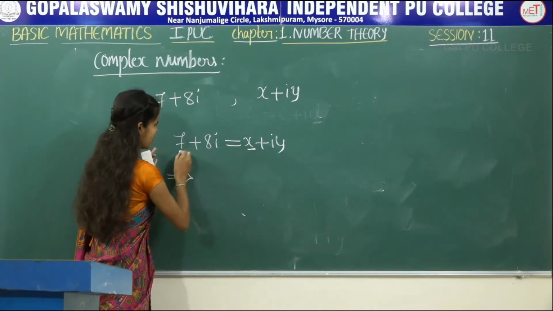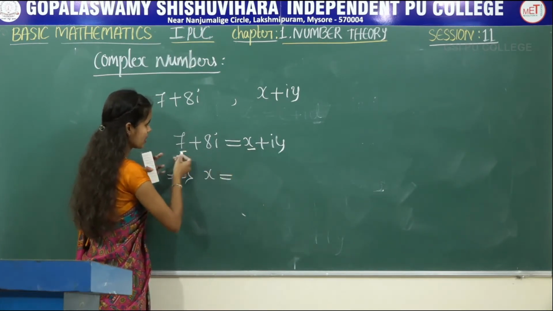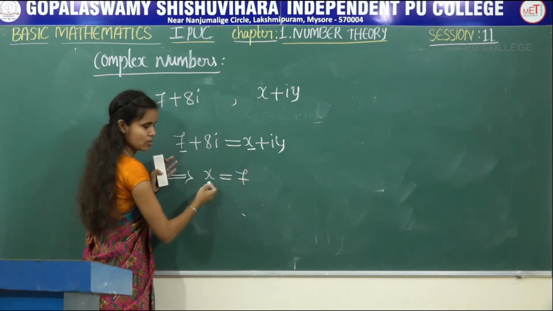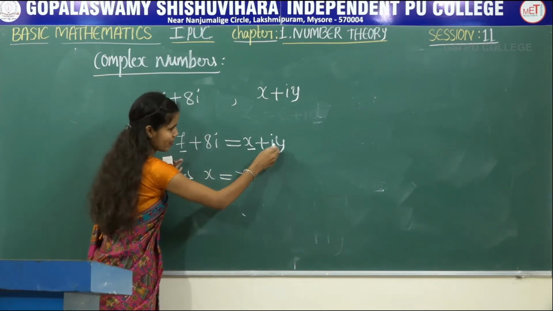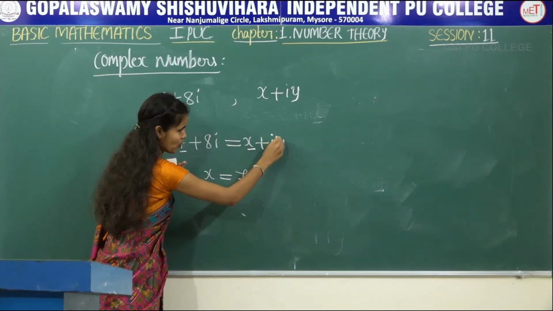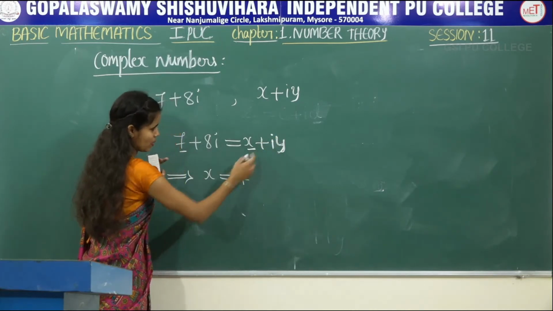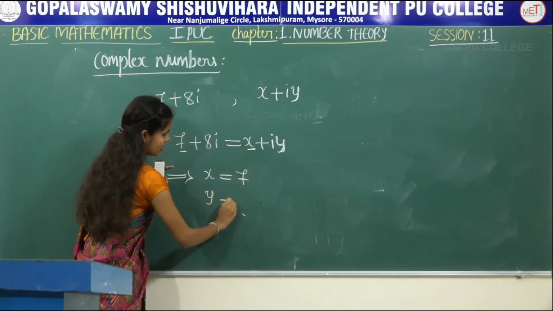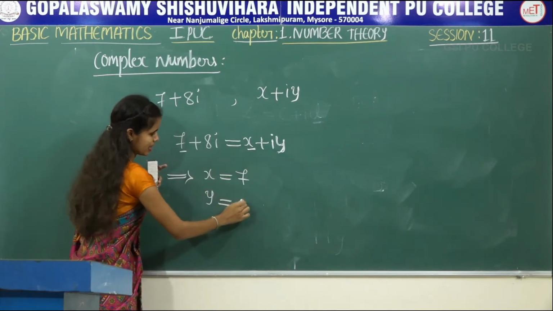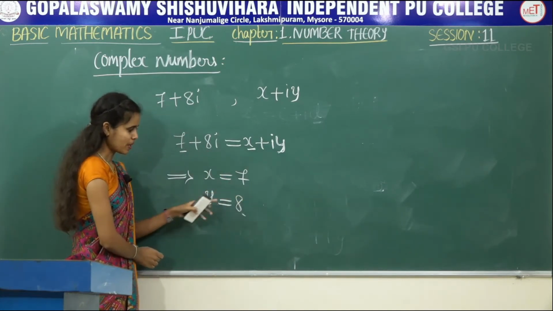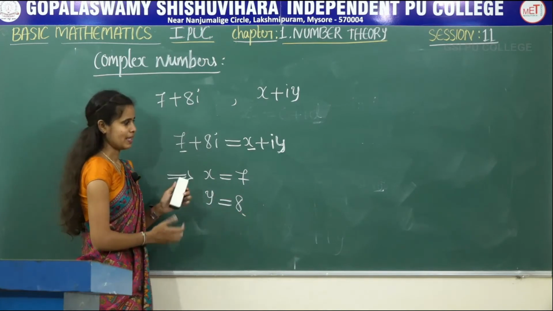The real part x is equal to 7. The imaginary part, the coefficient of I, is y, and here the coefficient of I is plus 8. Therefore, x is equal to 7, y is equal to 8.